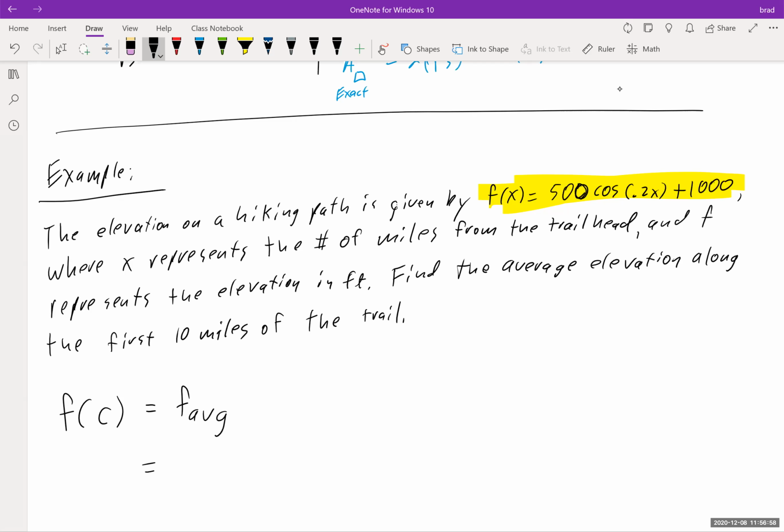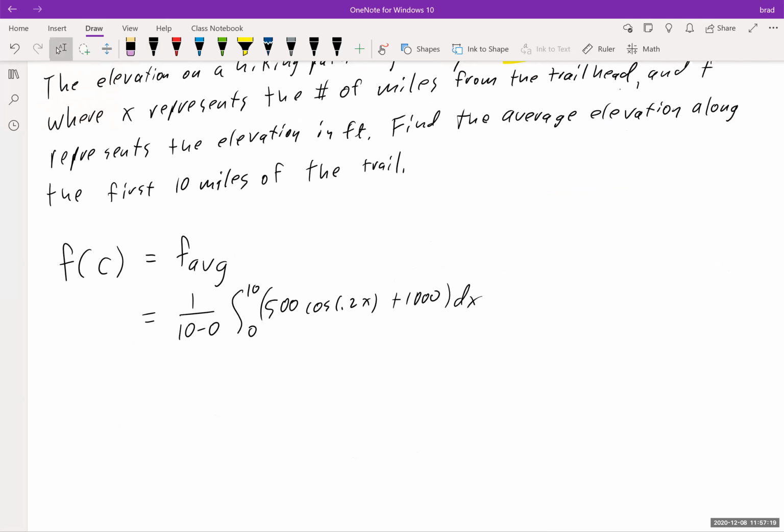So that means we're going to do 1 over 10 minus 0, because that's b minus a, times the integral from 0 to 10 of the function, 500 cosine of 0.2x plus 1000 dx. All right, so let's integrate this.